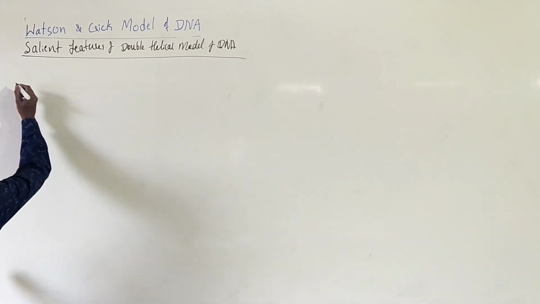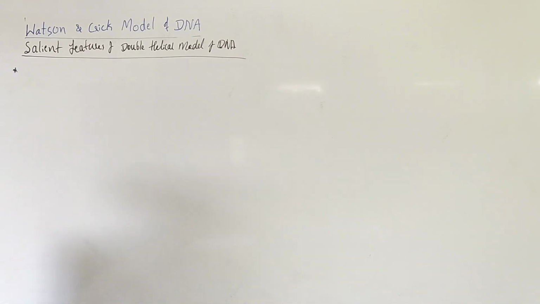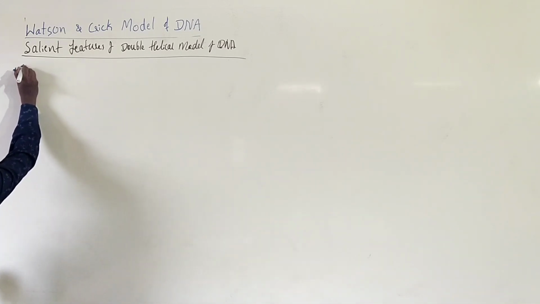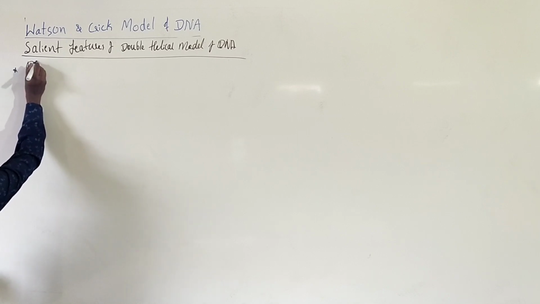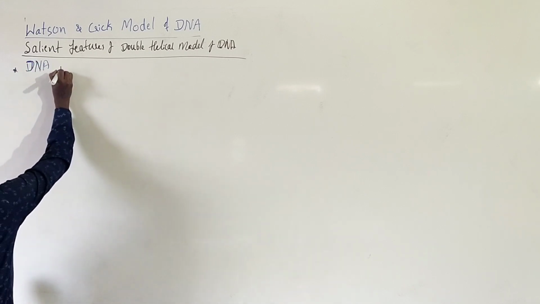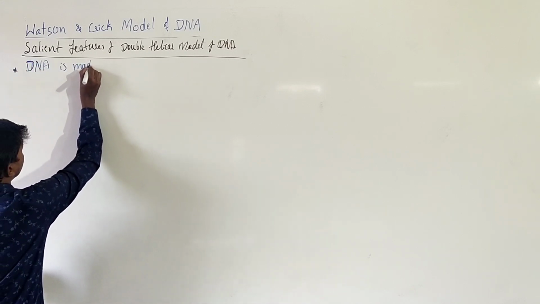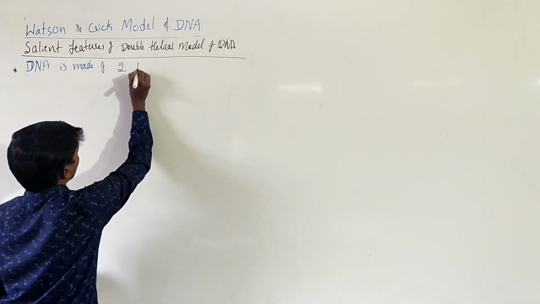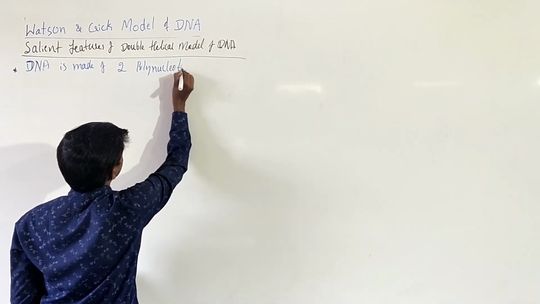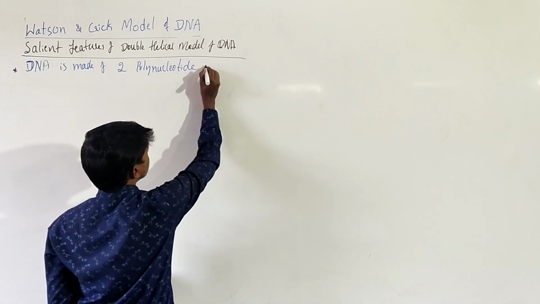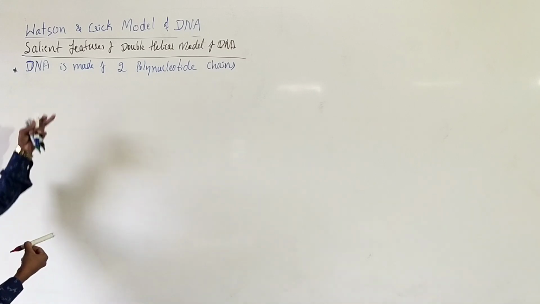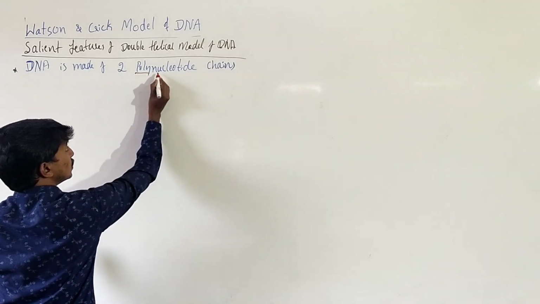Firstly, the DNA is a double helix, made of two polynucleotide chains.